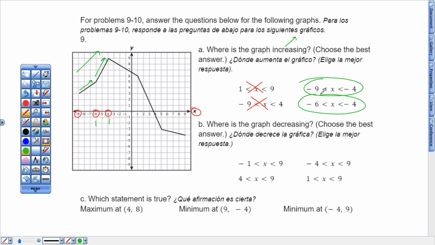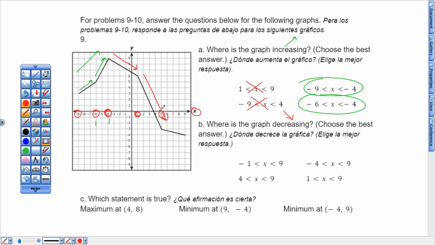All right, next it says, where's my graph decreasing? That's going downhill from left to right, looking at those same x-axis numbers. Those are my 2 decreasing sections, starting from this negative 4 to this 1, and then get steeper from that 1 to this 5.